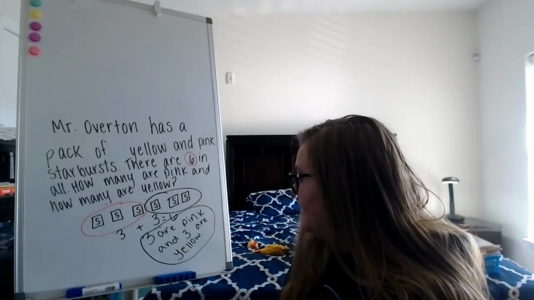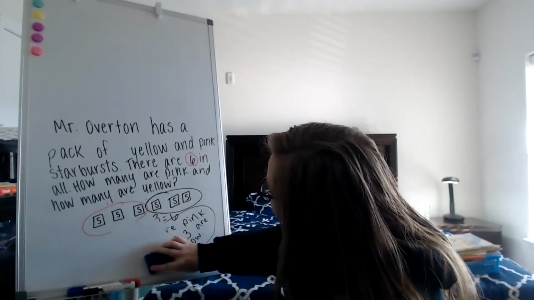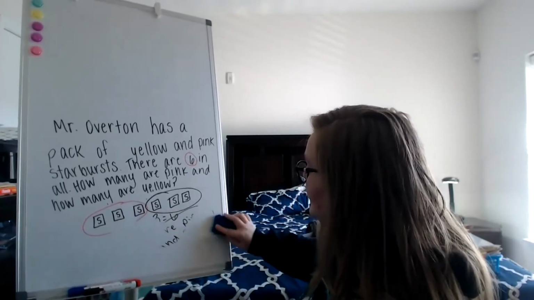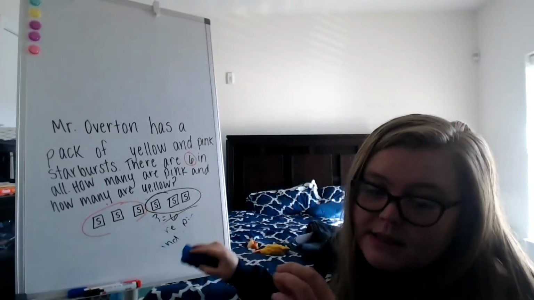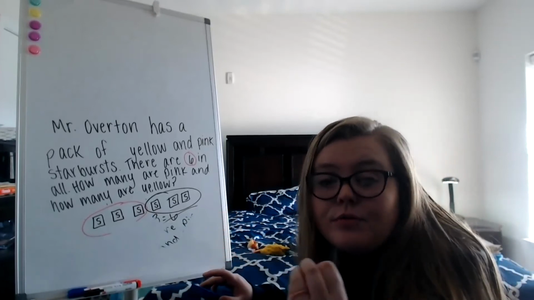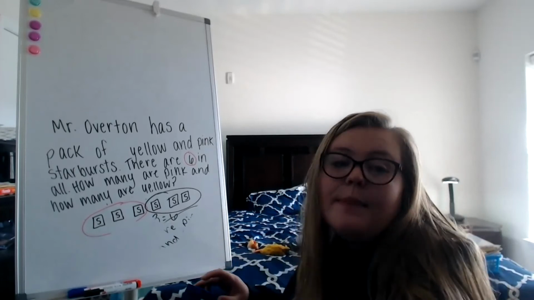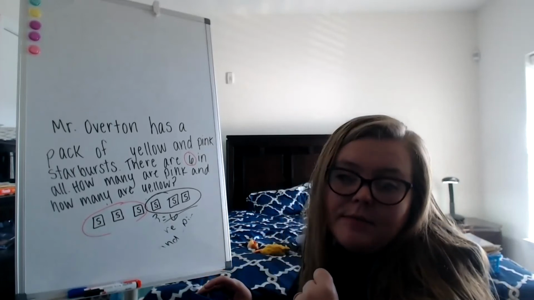What's another way that I could have done it? As long as you stick within the rules that the problem gives you, it could be a correct answer. So the rules that the problem gave us are there's got to be six in all, and there has to be some that are pink and some that are yellow.